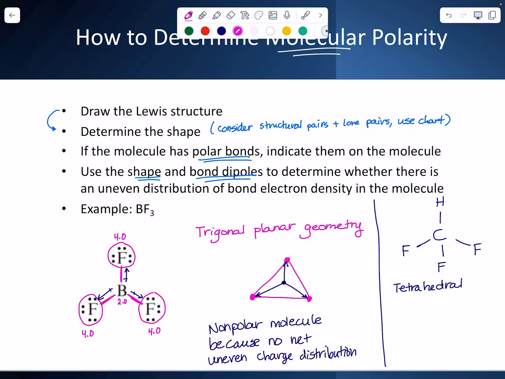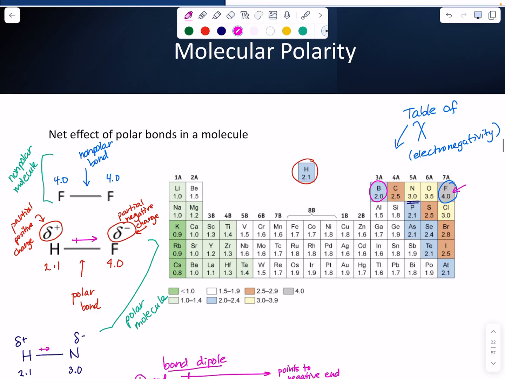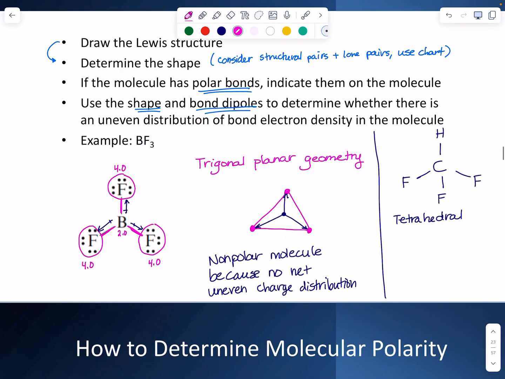All right, carbon has 2.5, hydrogen's 2.1, and our fluorine is 4 in terms of electronegativity. All right, so these bonds are definitely polar towards the fluorine.